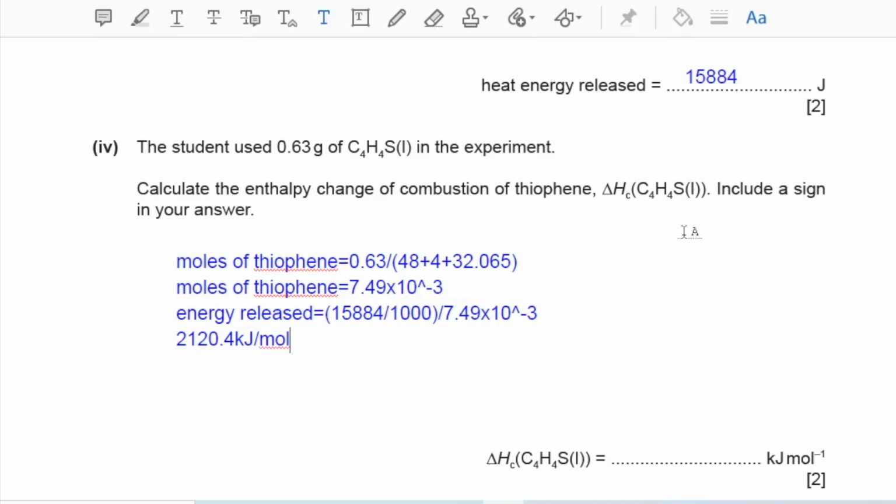Also asking you to include a sign in your answers. Enthalpy change of combustion is always negative due to the fact that energy is given out. This will be given a sign of negative.